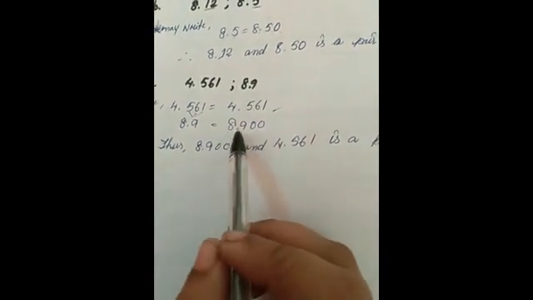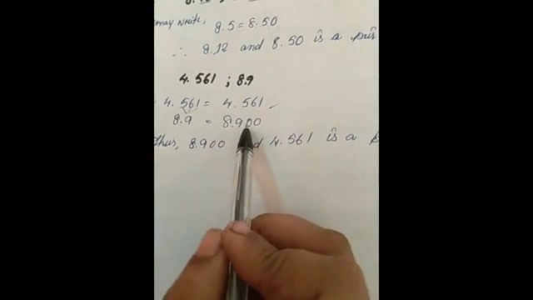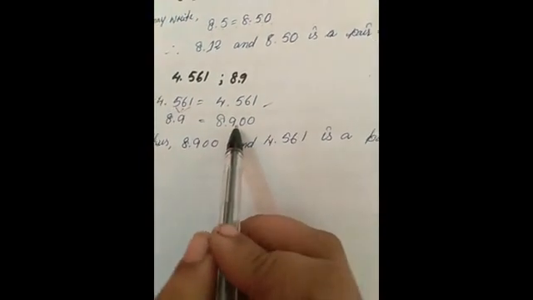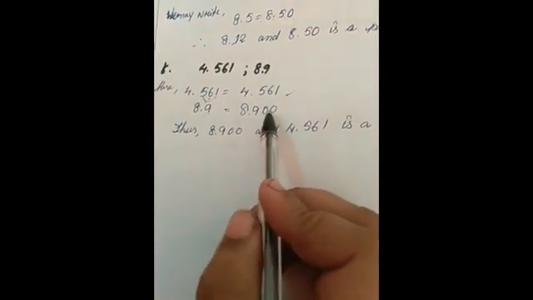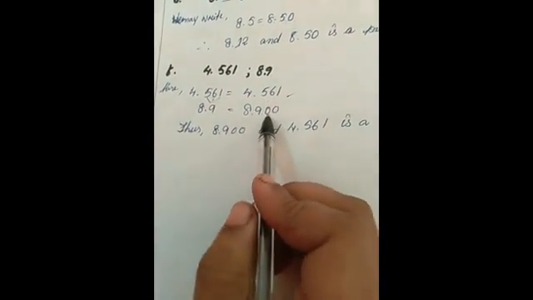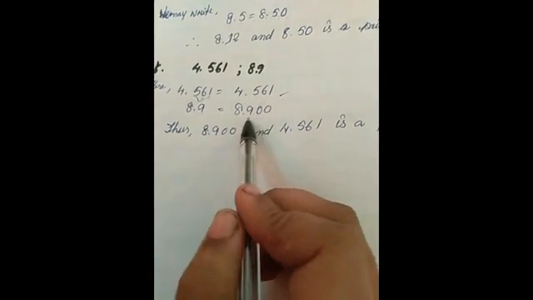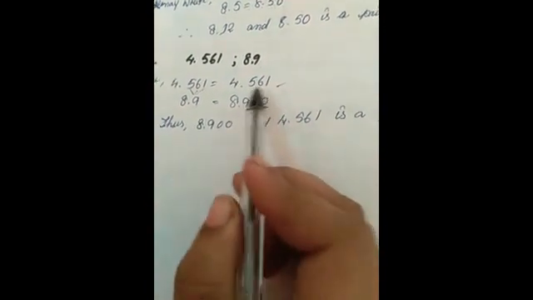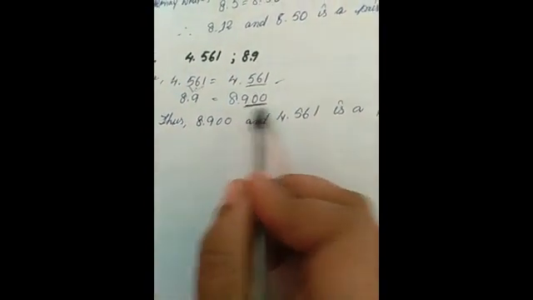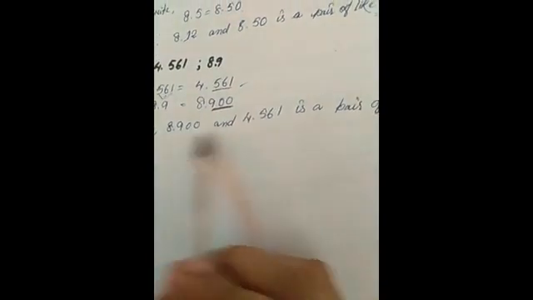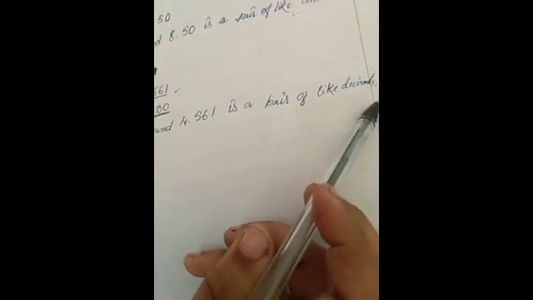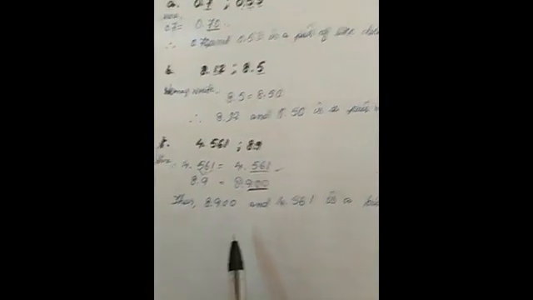So we have to put zeros to the right side of 9 in the decimal part. How many zeros do we add here? 2 zeros, as then it will become 3 decimal places. Here 3 decimal places, here also 3 decimal places. Now it has become a pair of like decimals. Same way the rest of the questions can be solved by you.